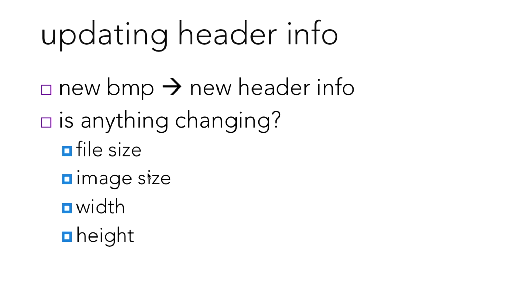Well, first we have to see whether we need to change any information from the in file, the clue, to the out file, the verdict. Is anything changing in this case? Well, not actually, because we're going to be just changing the colors. We're not going to be changing the file size, the image size, the width, or the height.